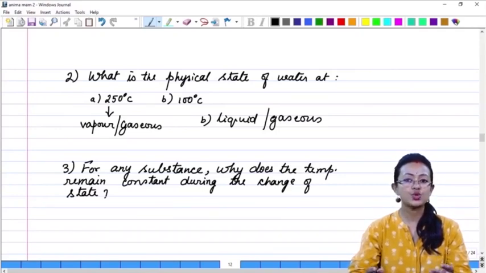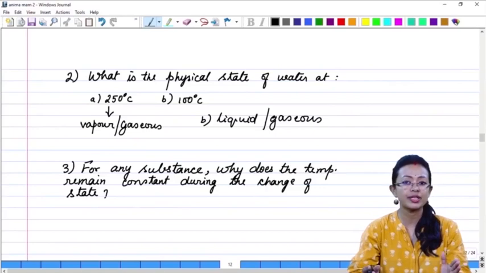That energy is used up to break the intermolecular forces of attraction, to give them enough energy so that they can free themselves from their stationary state, space out and thus start their random motion. As we do so, their kinetic energy increases and thus they get converted into the next state.